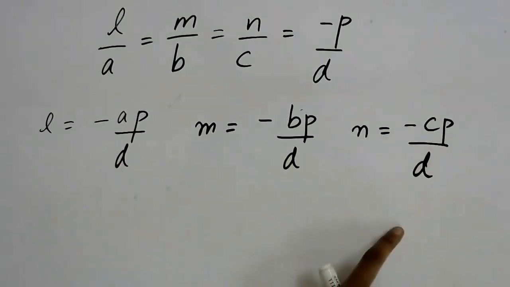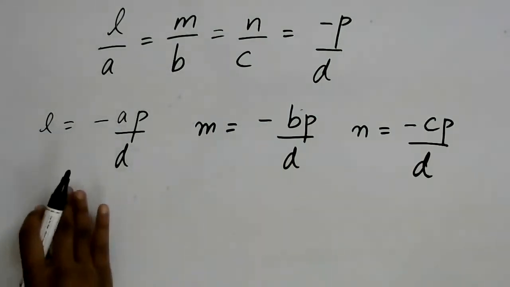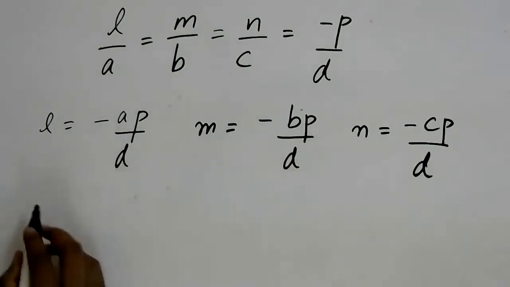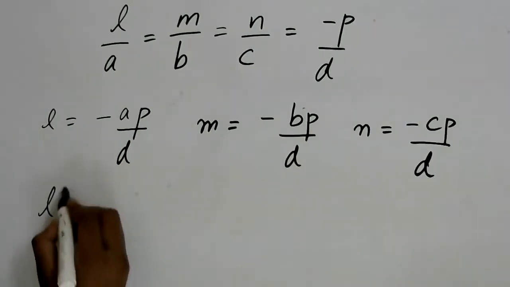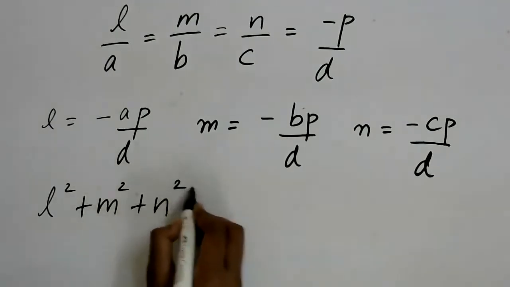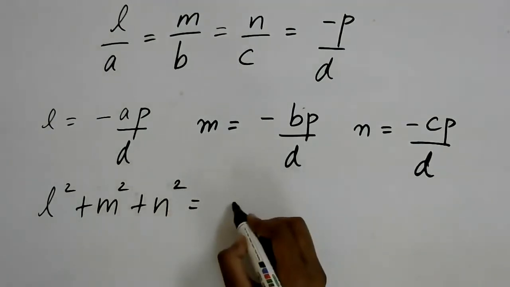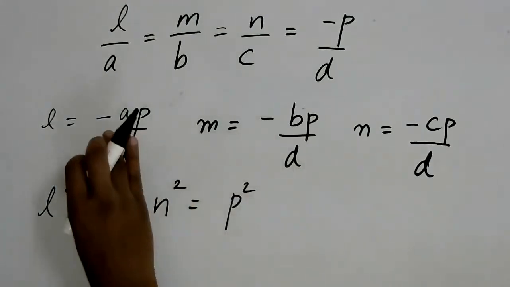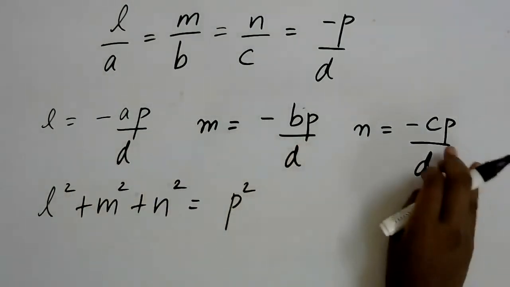I'm not writing that step, but assuming we all understood it, squaring all three equations and adding them, we will get l square plus m square plus n square is equal to p square a square plus p square b square plus p square c square.